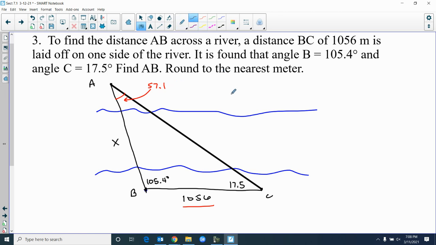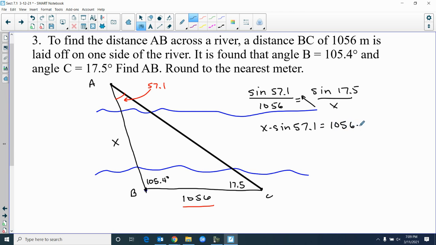All right, using the law of sines, I can take the sine of 57.1 degrees over the opposite side, which is 1,056, equals the sine of 17.5 over x. Cross multiply: x times the sine of 57.1 equals 1,056 times the sine of 17.5. Divide by the sine of 57.1.